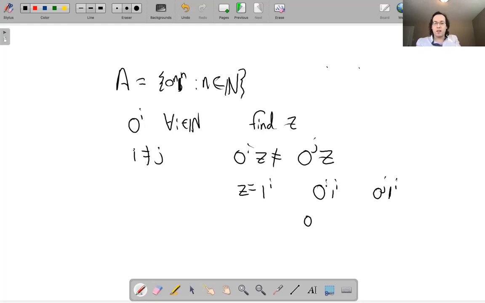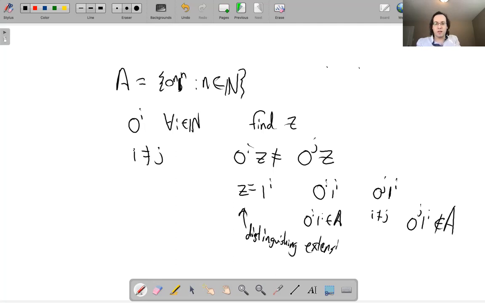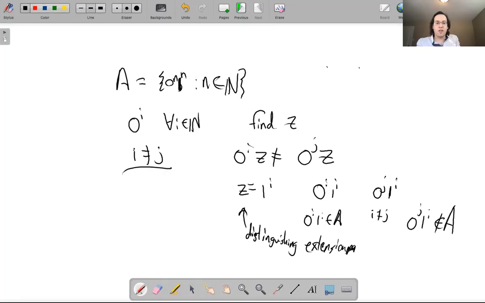Now, note that 0^i 1^i is in A. But because i does not equal j, we have that 0^j 1^i is not in A. So this is a distinguishing extension. And that's for arbitrary i not equal to j.